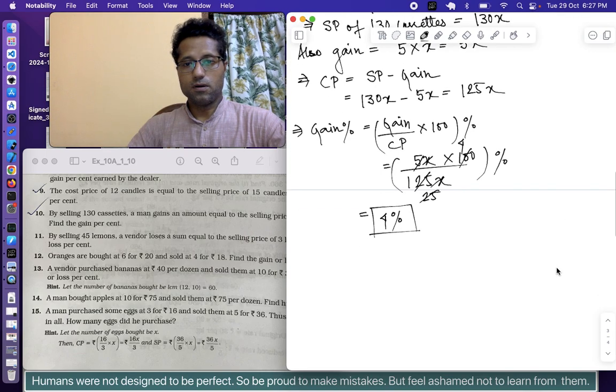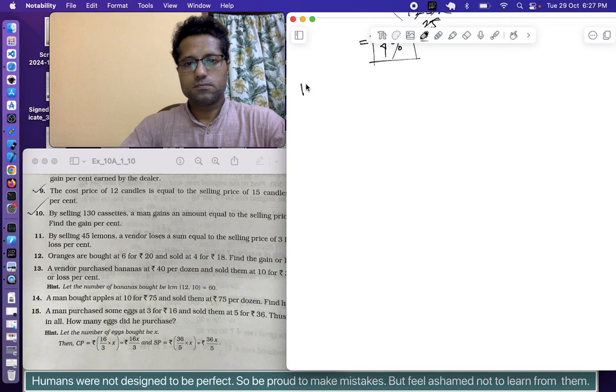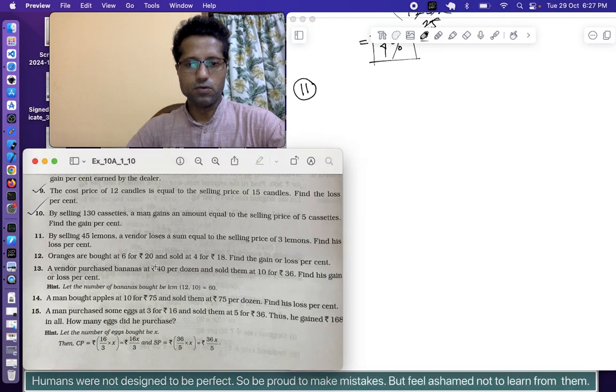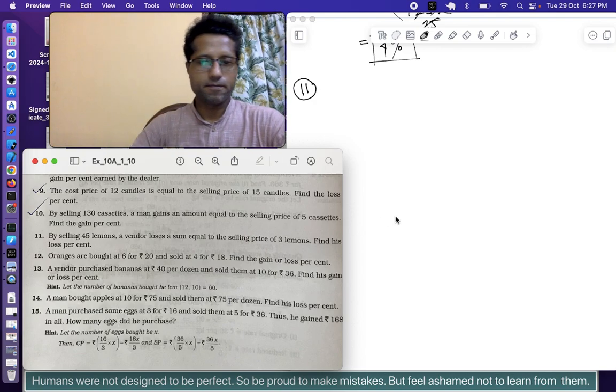Okay, let's do question number 11. By selling 45 lemons, a vendor loses a sum equal to the selling price of 3 lemons. Find his loss percent. It is exactly similar to question number 10, but anyway, let's solve it.